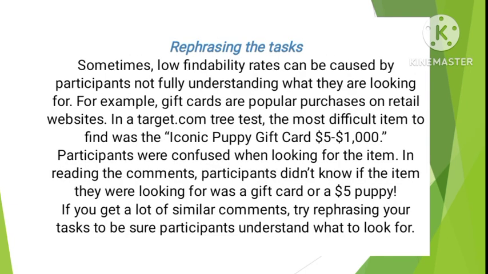Rephrasing the task. Sometimes low findability rates can be caused by participants not fully understanding what they are looking for. For example, gift cards are popular purchases on a retail website in a Target.com study. The most difficult item to find was the iconic puppy gift card worth $5 to $1,000.